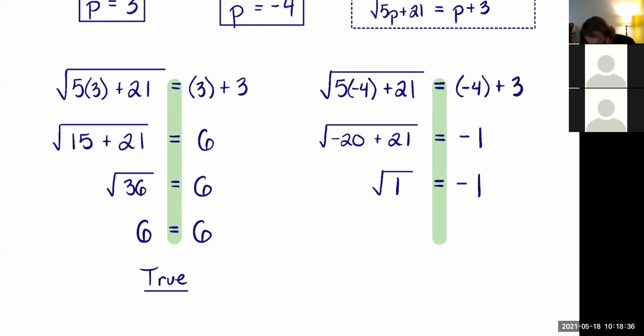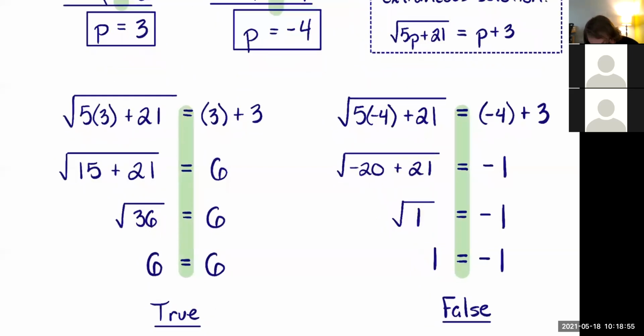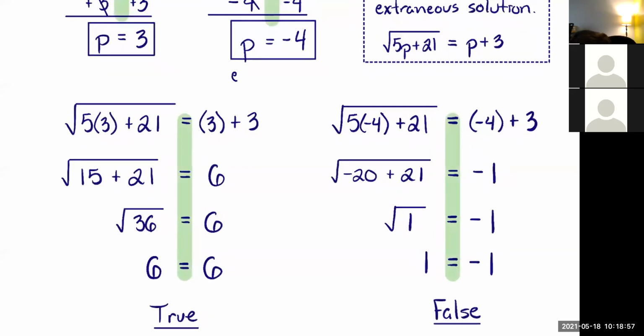What's the square root of 1? 1. So I end up with 1 equals -1. Is that true? It is not. It's awfully close, but is close good enough? No. So what does that mean -4 is? Extraneous.